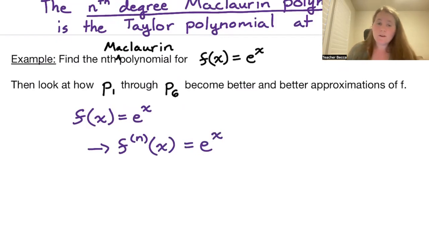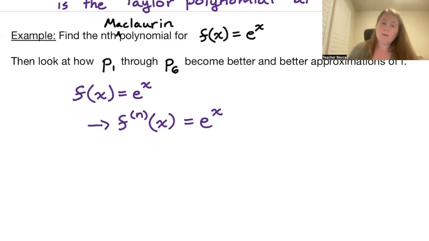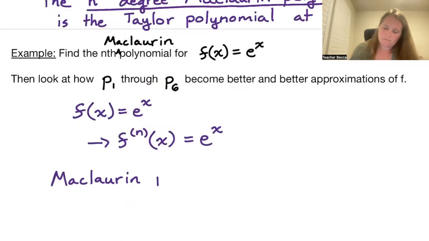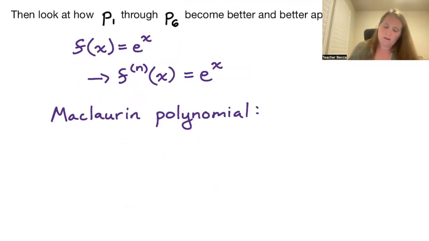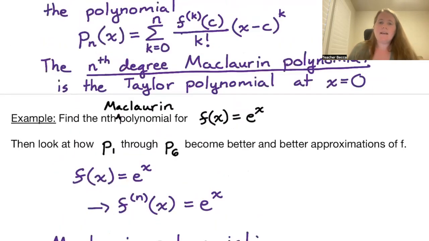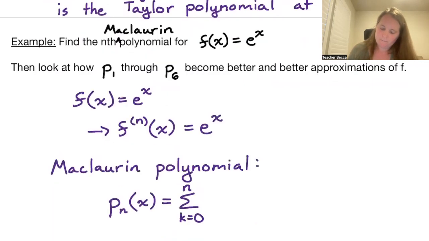We are looking for the Maclaurin polynomial. So the Maclaurin polynomial, we have that Pn of x is equal to the sum from k equals 0 to n of the kth derivative evaluated at 0 divided by k factorial, and then we just have times x to the k.